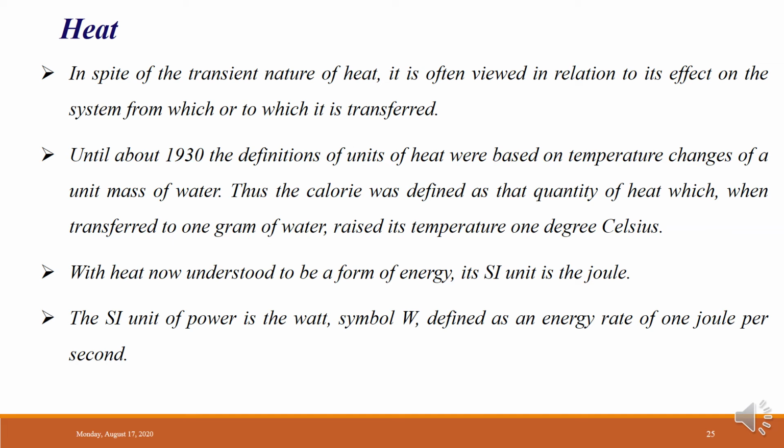With heat now understood to be a form of energy, the unit will again be joule, right? Power is nothing but watt, its symbol is W, and this is defined as an energy rate of 1 joule per second. This is joule per second, so that is watt.